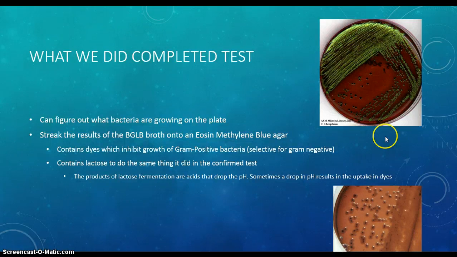So the other result that is typically found are these fisheye colonies that you'll see on this plate. And those fisheye colonies come from Enterobacter aerogenes, and so that is very distinct. It has this dark center in the middle, and then it's surrounded by white, and then on the edges it has this pinkish color, and so it's called a fisheye colony.